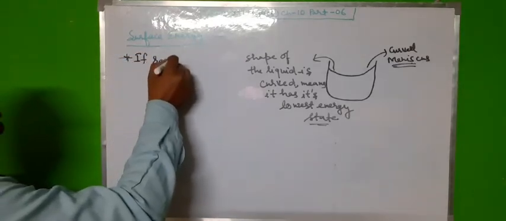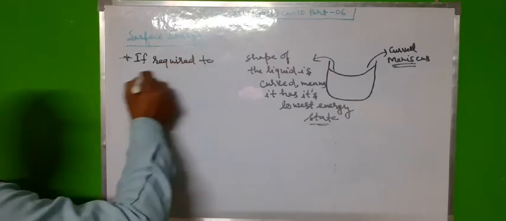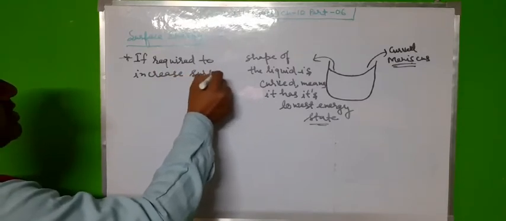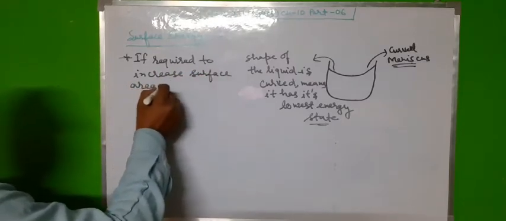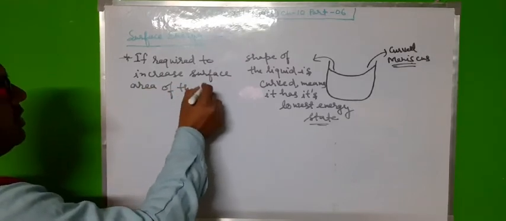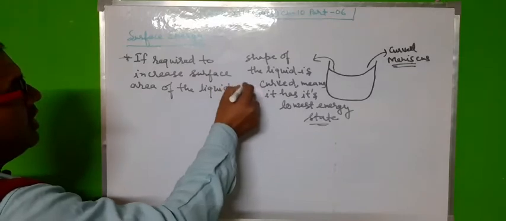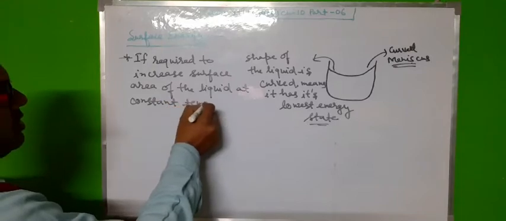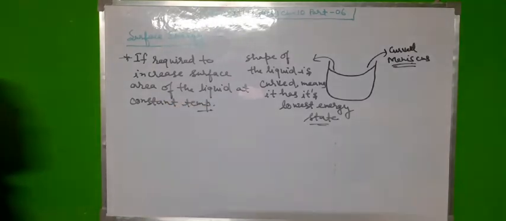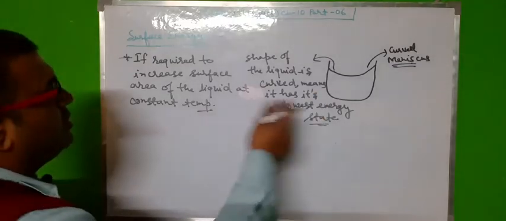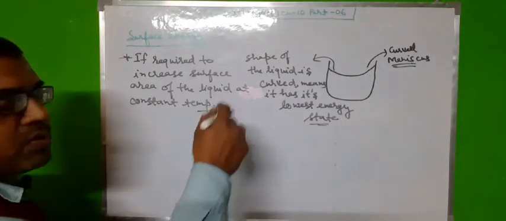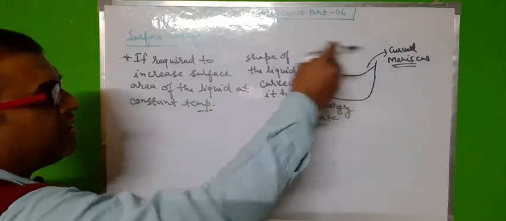If it is required to increase the surface area of the liquid at constant temperature, some work has to be done, because if we stretch it, we will increase the surface area at constant temperature, and so some work must be done over the surface.